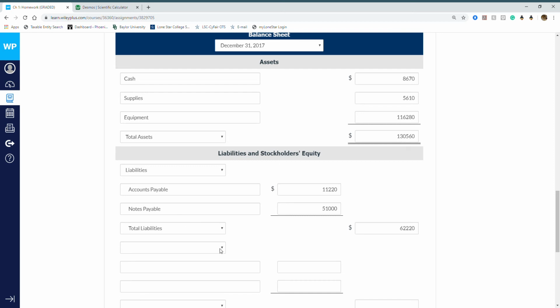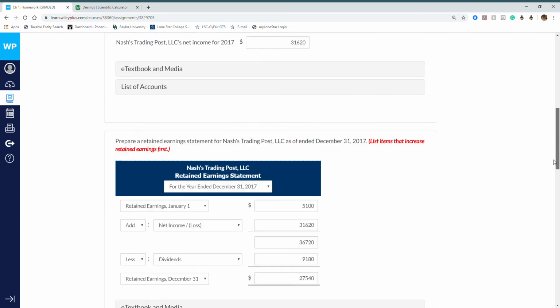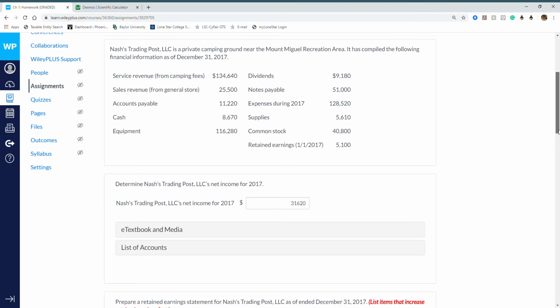Next part is stockholders' equity. And that will consist of the common stock and retained earnings. There it is. So, common stock is 40,800, and by then everything should be done up here.